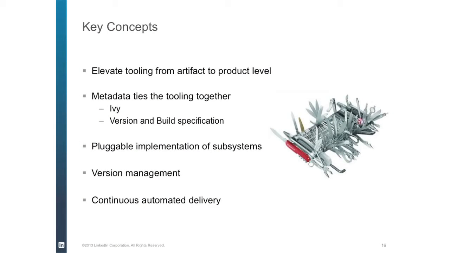So what are some of the key concepts? I mentioned that we have this concept of product. In traditional, default Gradle, you do a lot of things on an artifact level, an Ivy coordinate level. You do your conflict resolution, you declare dependencies, all of these things at that artifact level. I don't know exactly how many artifacts we have.